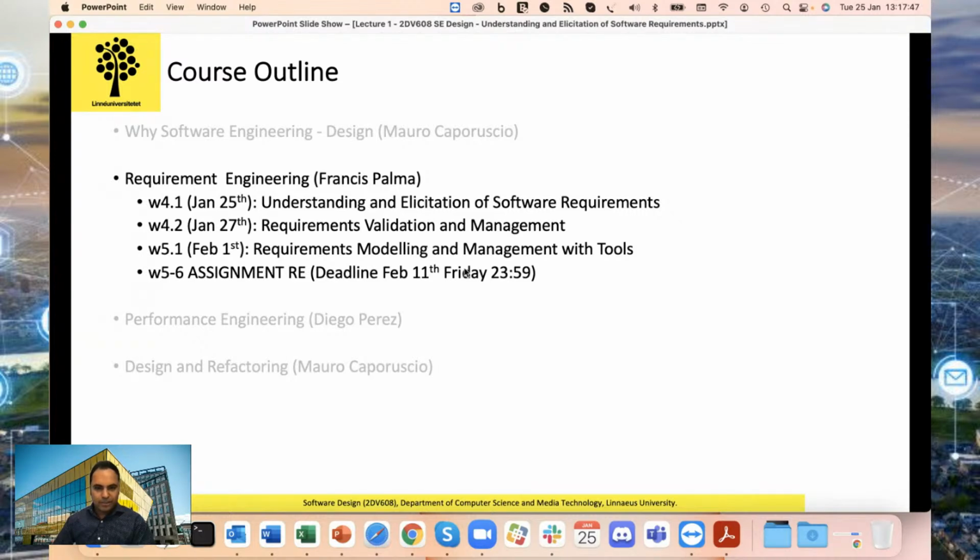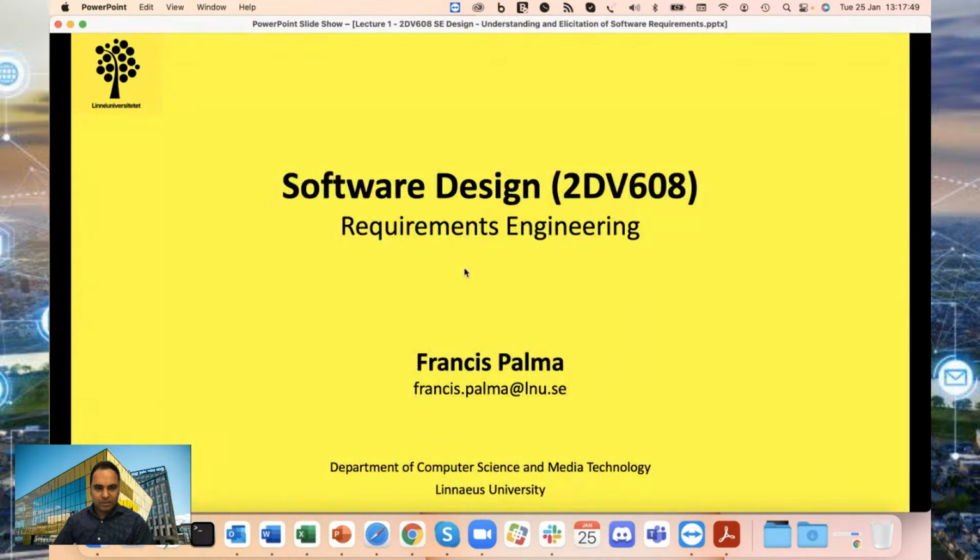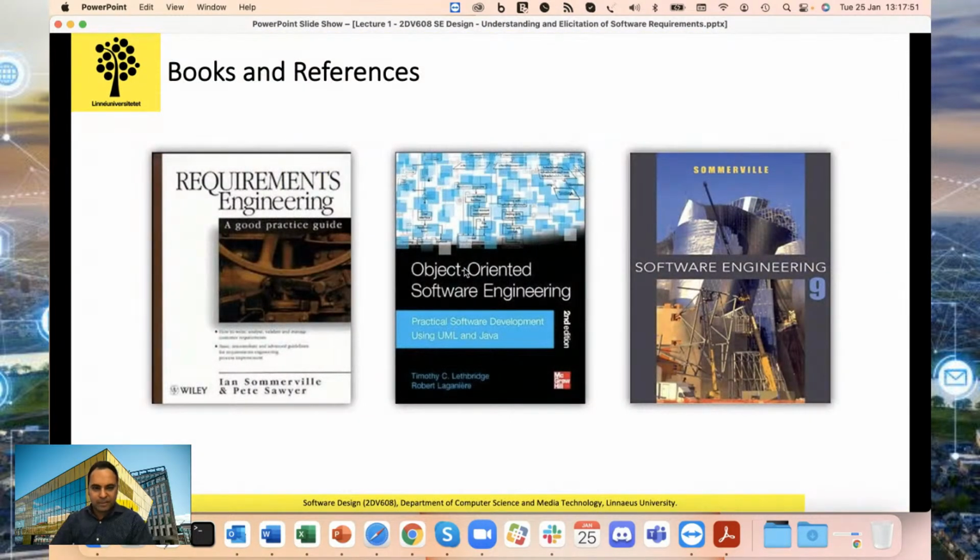In this lecture we will use mainly this requirements engineering book by Ian Somerville. We cover many of the chapters from there, but you can also look at other books, like famous software engineering books or other books by Somerville.